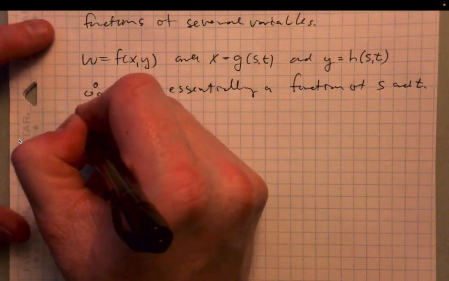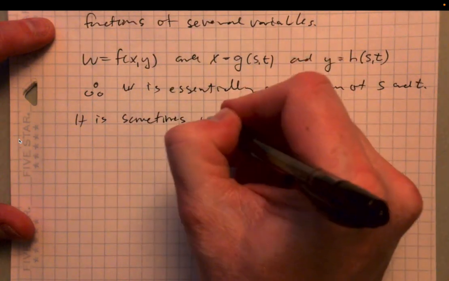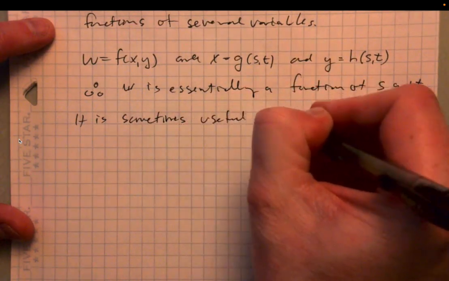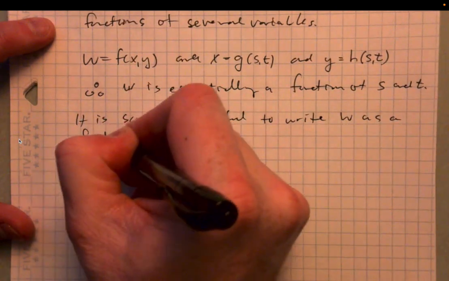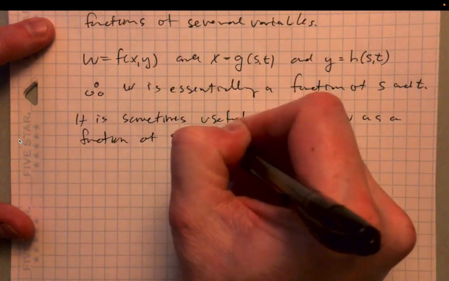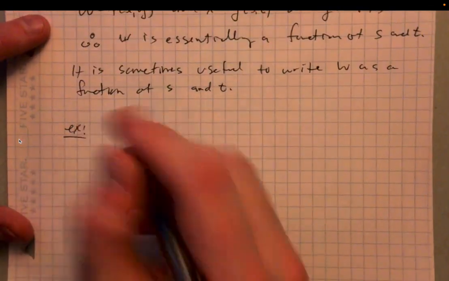So it is sometimes useful to write w as a function of s and t. And that's extremely straightforward. Let's talk through an example.